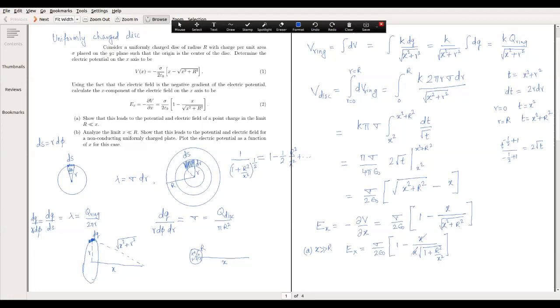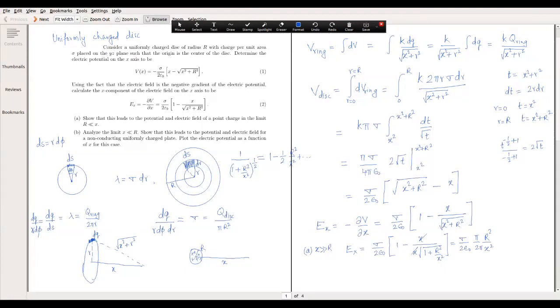The 1 here cancels with this 1, the negative sign cancels, so what we have is sigma over 2 epsilon naught, a factor of 1 half times 2, and r squared over x squared. It still doesn't show up as a point charge, but we can provide a pi here. So multiply by a pi and divide by a pi.